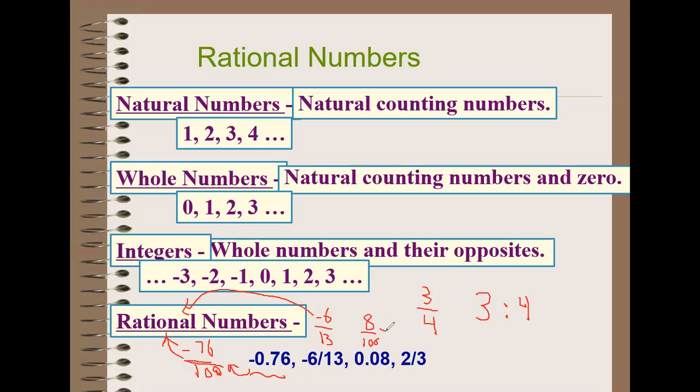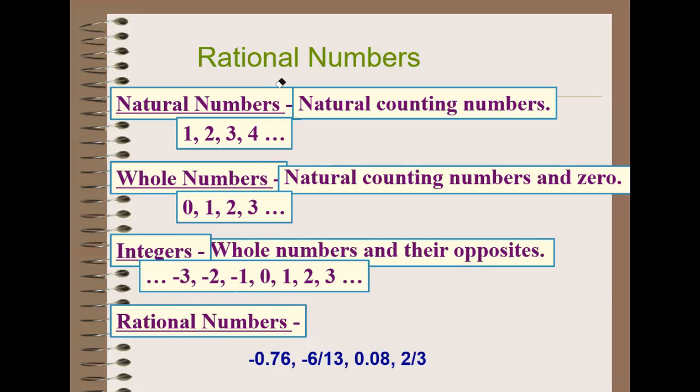And after that, we have to put it in simplest form. Both 8 and 100 we can divide by 4. Then it will be 2 out of 25. Which means 0.08 belongs to the rational numbers? Yes, it belongs to the rational numbers. Why? Because we can already write it in the form of A over B, or in a fractional form.